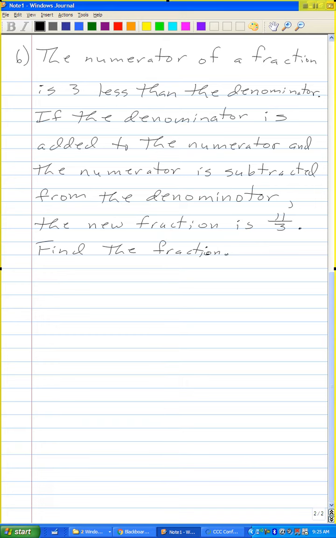Okay. So again, let x be the denominator of the fraction. The numerator is 3 less than the denominator.